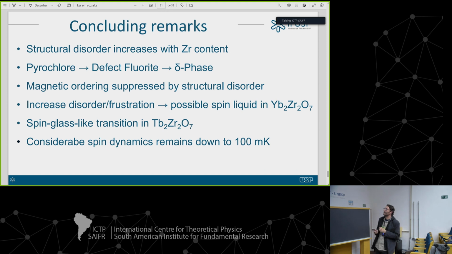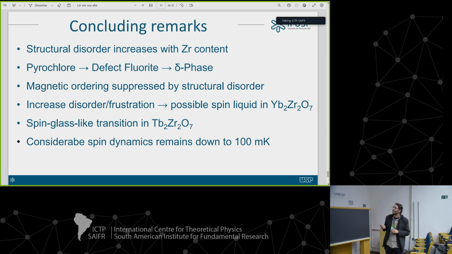Okay, and that's it. We have made this substitution of titanium by zirconium, and observed different structures for the Yb compound, changing from the pyrochlore lattice to this defect fluorite, and going to this even less symmetric and disordered delta phase.